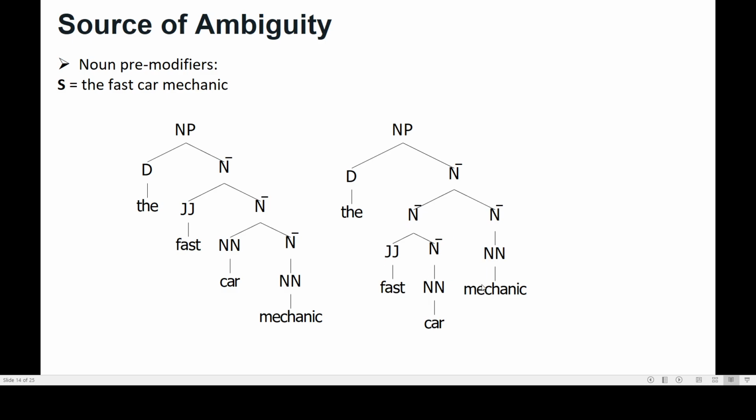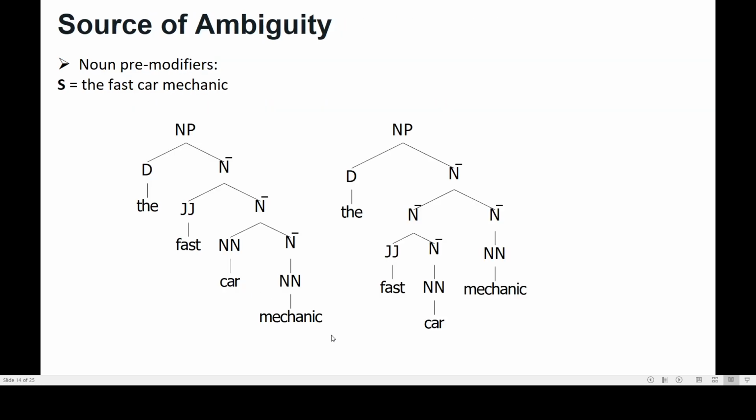The interpretation of this parse tree is that the mechanic works on first cars. The speciality of this mechanic is first cars. But in the left hand side derivation we can see the interpretation that this car mechanic is modified by first, meaning this car mechanic is really fast at his job.